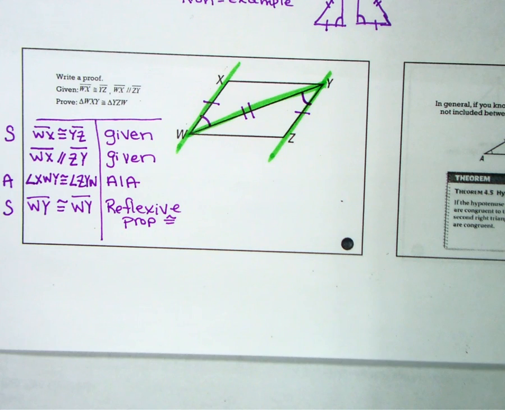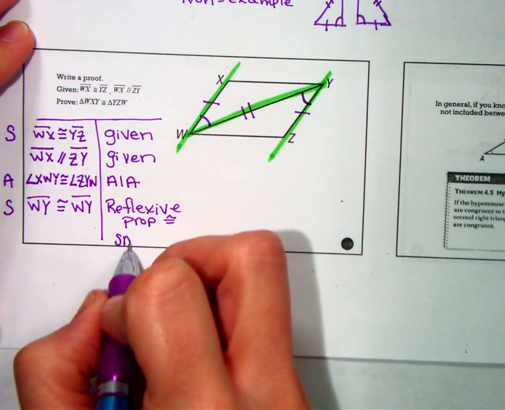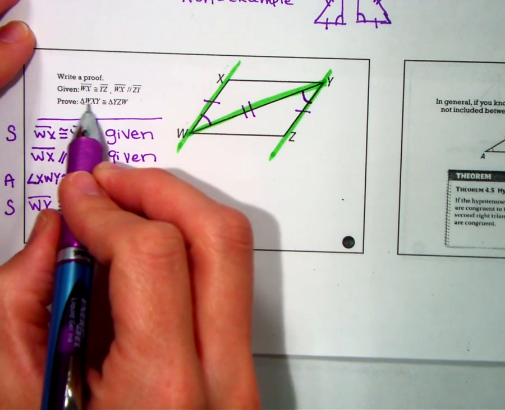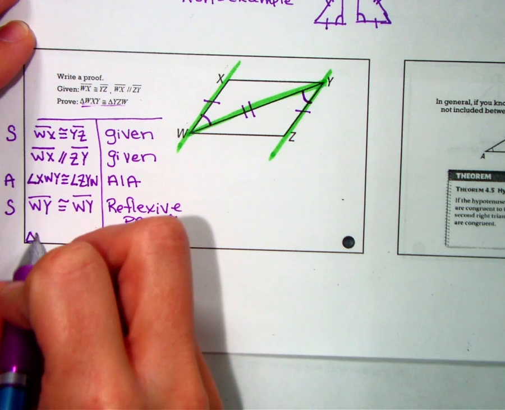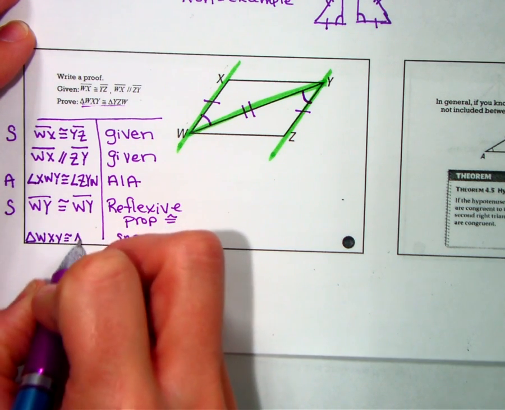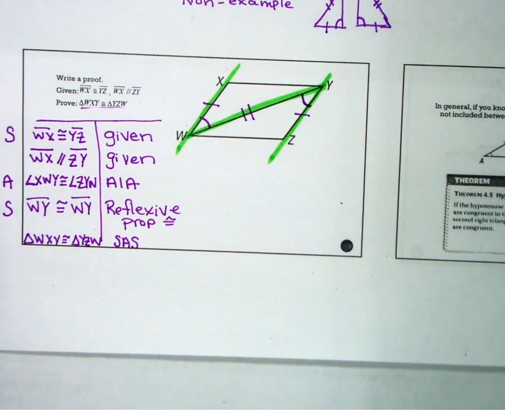Do those 2 sides come together where the angle is? Yes. So I got side, angle, side. Side, angle, side. And that's when I'm going to say my 2 triangles congruent, which is right here in that proof statement. The triangle WXY is congruent to triangle YZW.